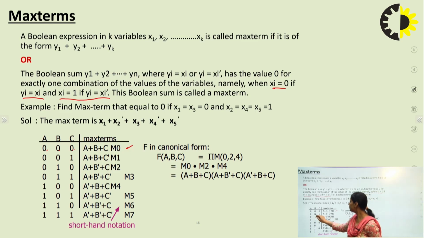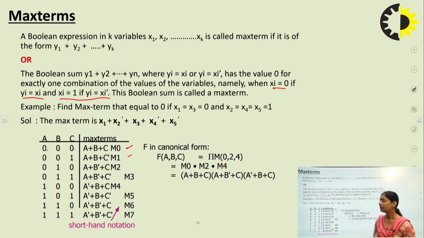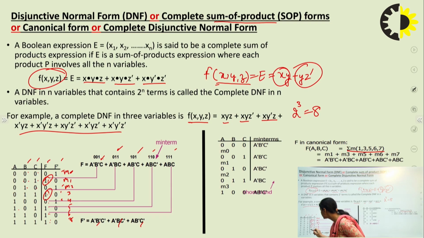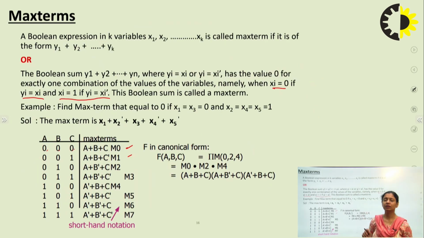This is A plus B plus C complement, that is M1, and so on. Again, coming to the function part, when we were talking about the function, we were considering the values where the value was 1. But when we are talking about the max terms, we will be considering only those values of the function f wherever we have the value as 0.